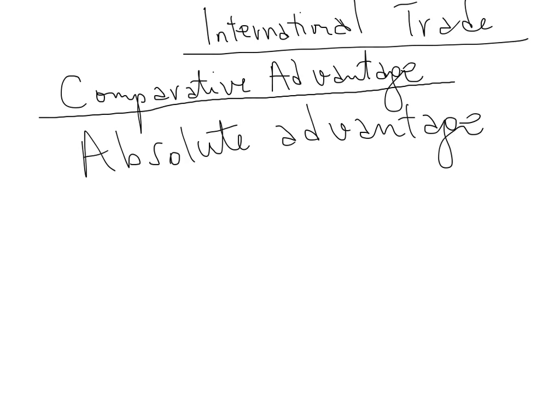So if a country has a comparative advantage in production of one good, let's say cars, then this country is going to specialize in producing that one good and is going to export a lot of that good. If another country has a comparative advantage for another good, we can import from them that particular good.